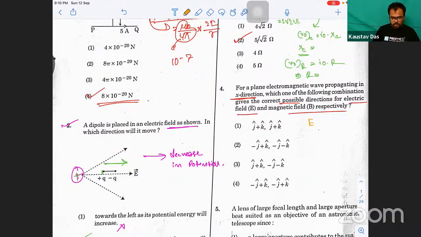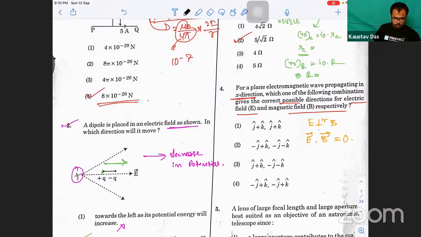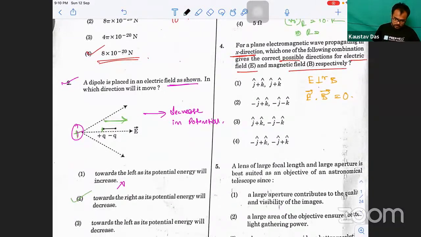So here E is perpendicular to B. So naturally the E vector and the B vector dot product, if I take, is going to be 0. So here, as we can see, in the option number 4, it is minus J plus K, and we have minus J plus K. Just 1 second.